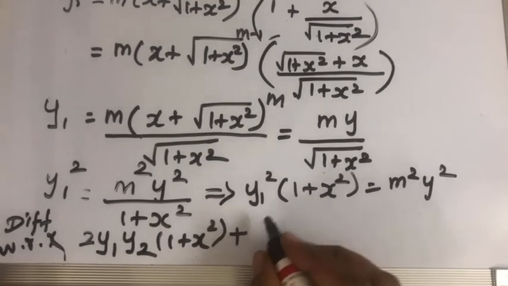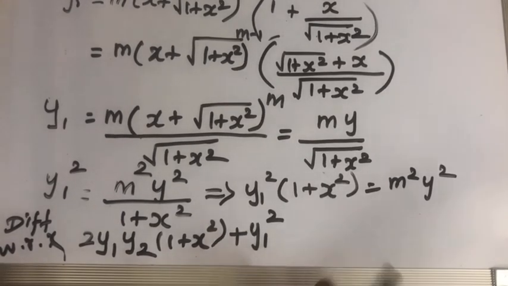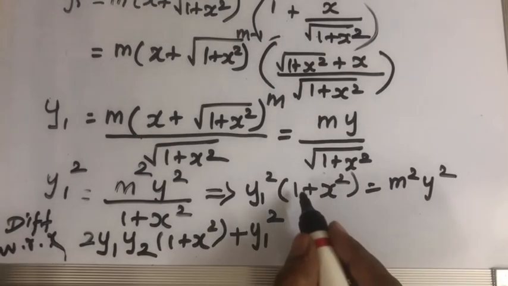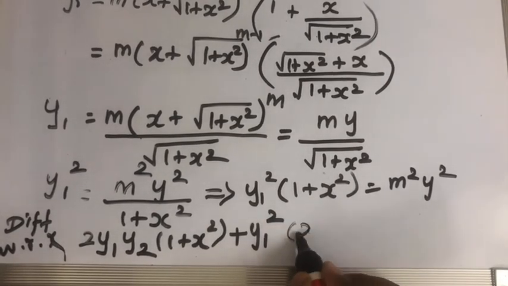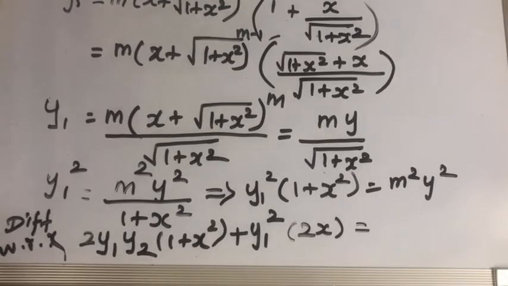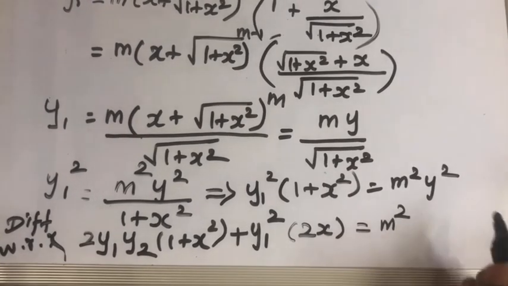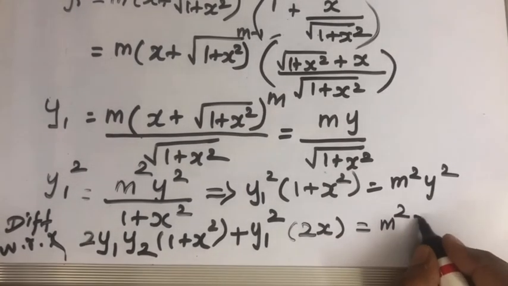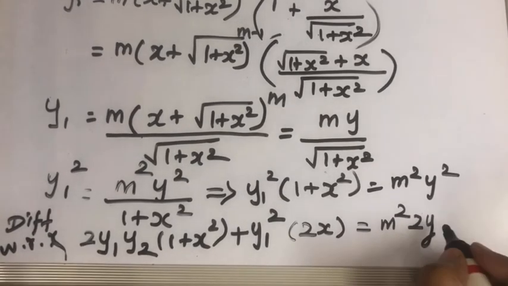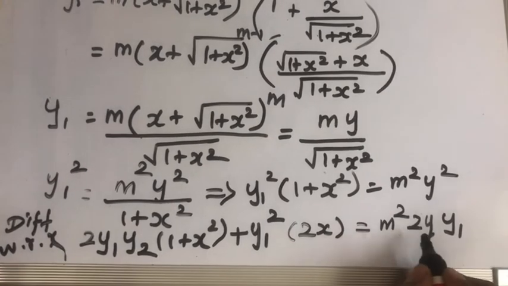Now we keep this u as it is and differentiate 1 plus x square. While differentiating this we get 2x is equal to m square is a constant, so m square into 2y. But differentiation of y is y1, so 2y y1.